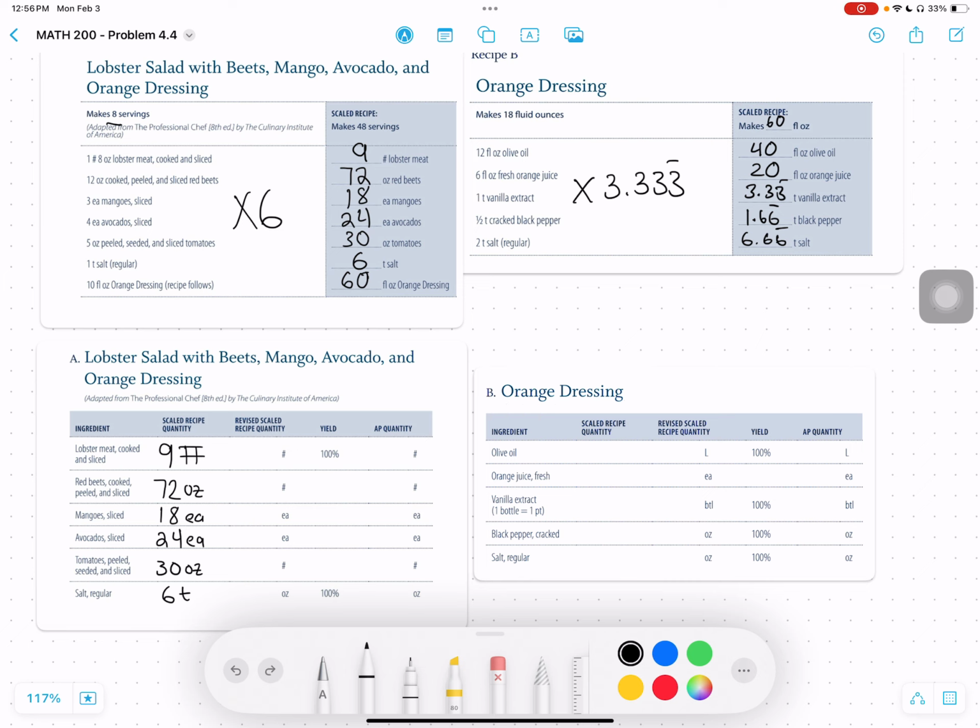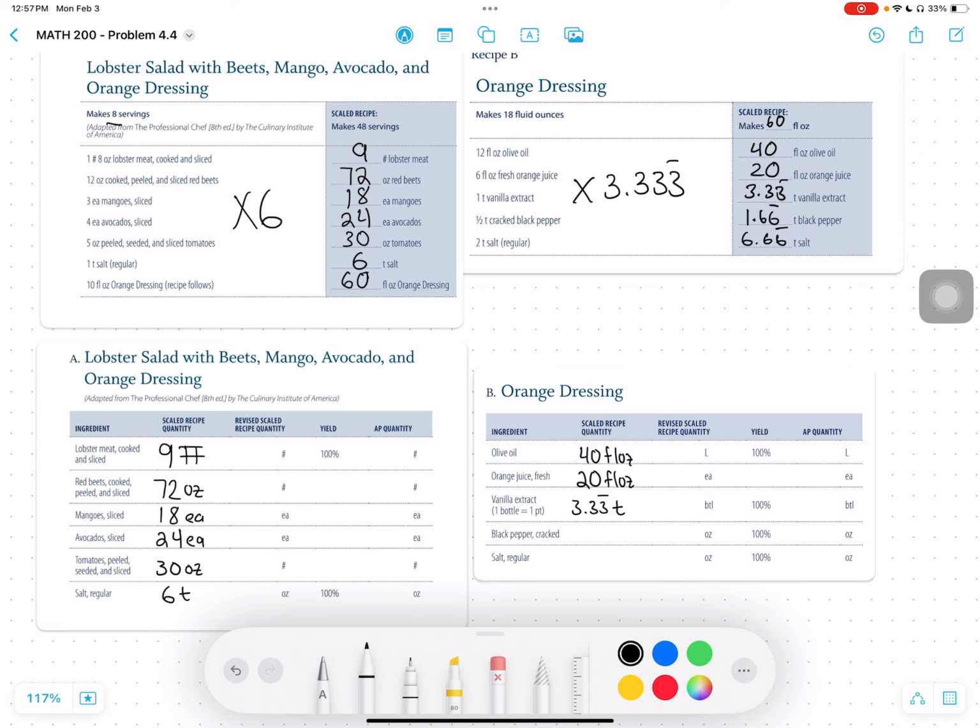Okay, let's go ahead and dump those values into my scale recipe as well. Starting with olive oil, which says 40 fluid ounces. Then orange juice fresh, that's 20 fluid ounces. And then vanilla extract, that's 3.3 repeating teaspoons.